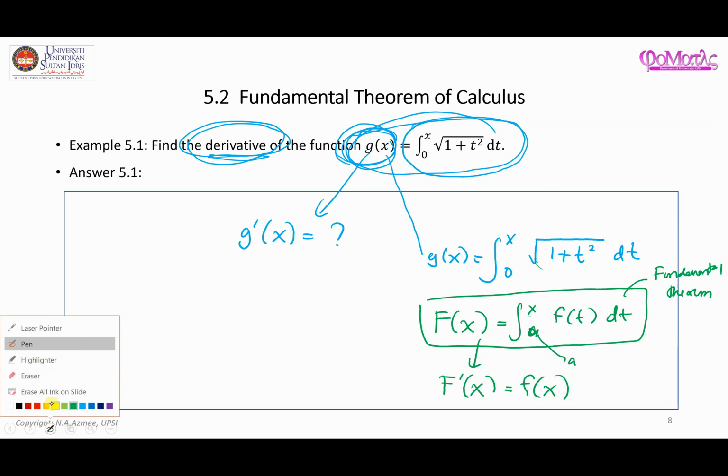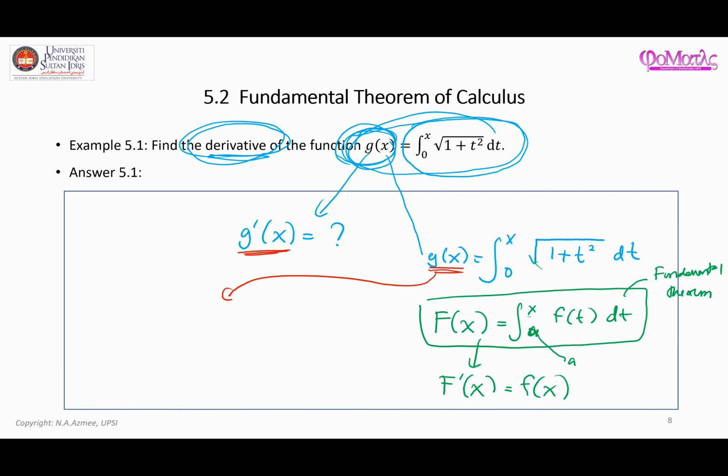Now I want to find what is g prime x. According to the fundamental theorem here, g prime x will be equal to f(t), and you will replace t later on with x. So g prime x will equal this one, and I'm going to replace t with x.